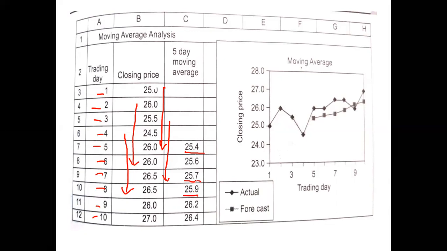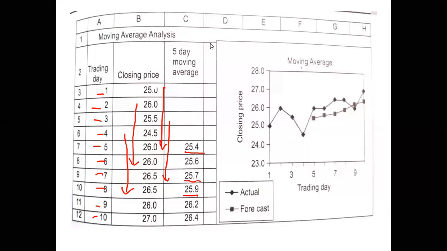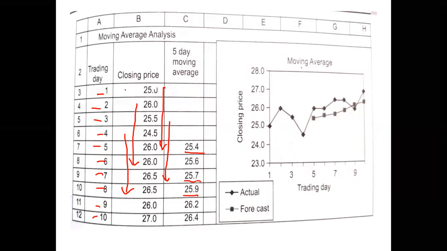Leaving the first one, we take the next 12 or 5 or 8 days and calculate the moving average. So we calculate 5 days, 9 days, 12 days, depending on that. It can be calculated on an Excel sheet also. This is how it is calculated, and this data will be put in the chart.